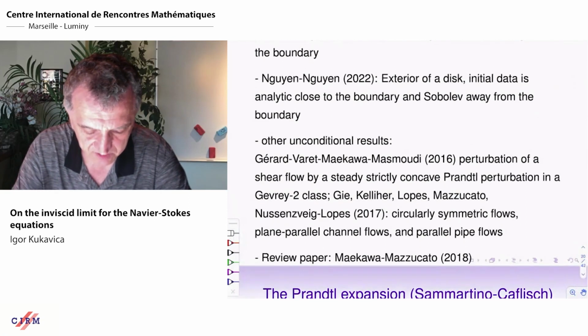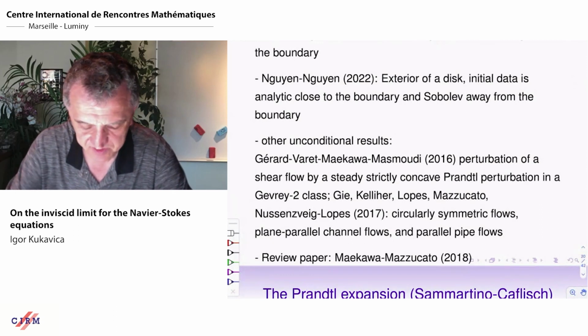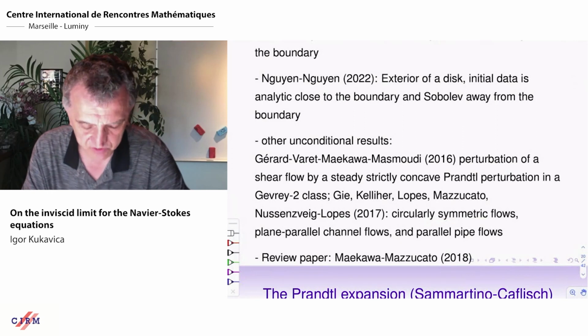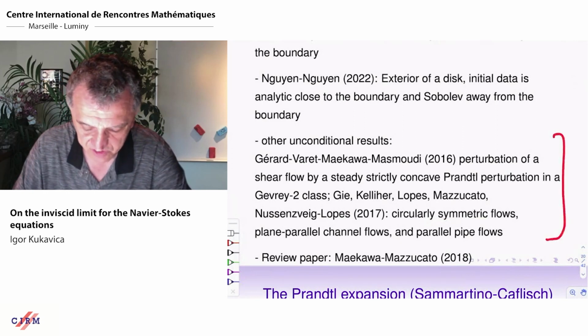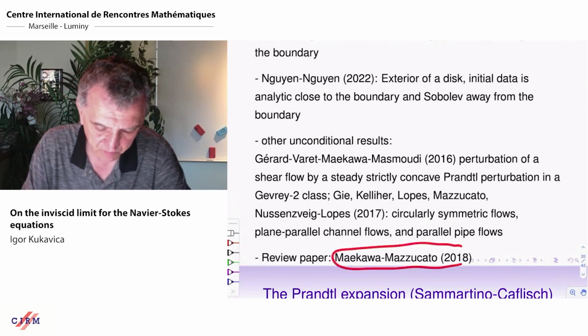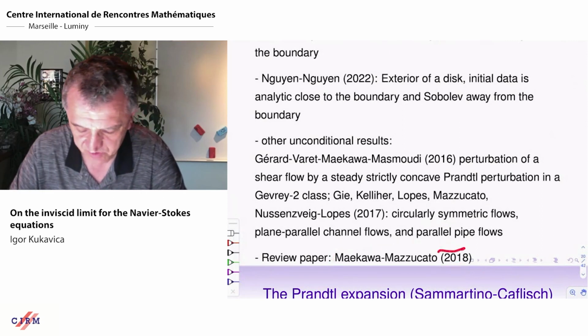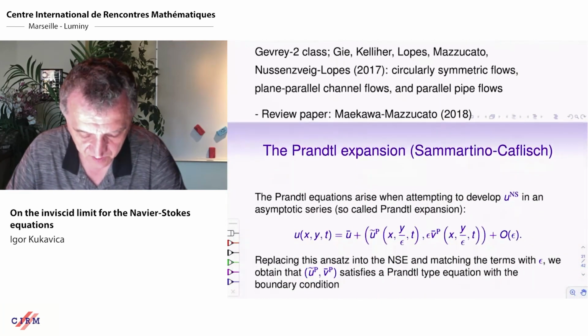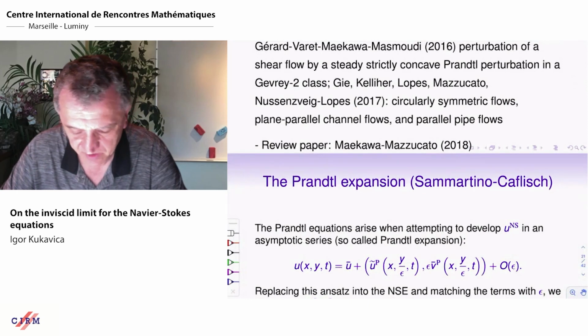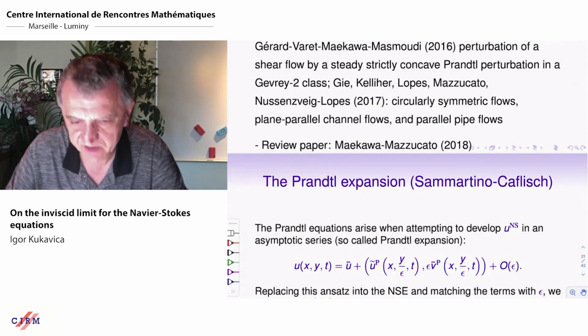Okay, I cannot mention every possible result, but there are also some special symmetries where we actually know that the limit is attained. So you can see the review paper by Maekawa and Mazzucato, which contains all the results up to 2018.